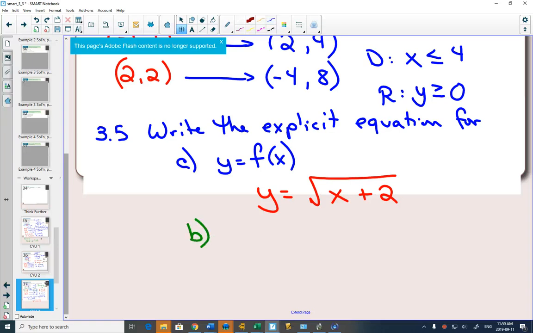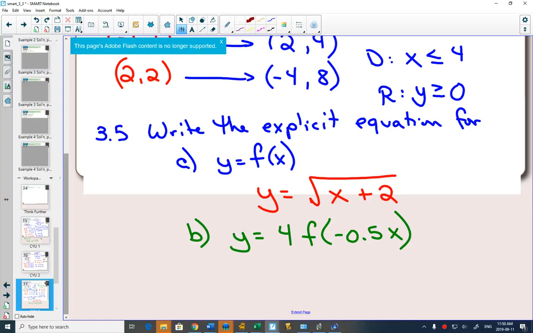Part B. We drew the graph of y equals 4 f of -0.5x. Now we want to write the explicit equation for the green graph.